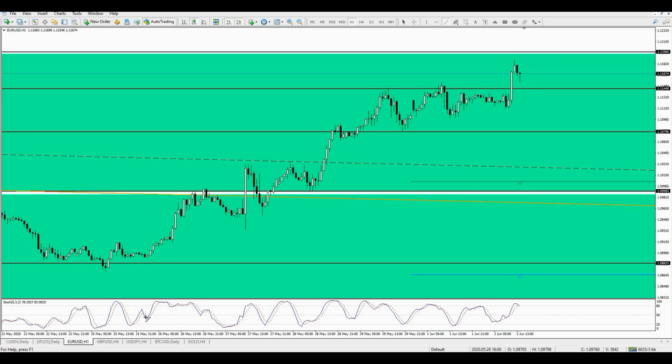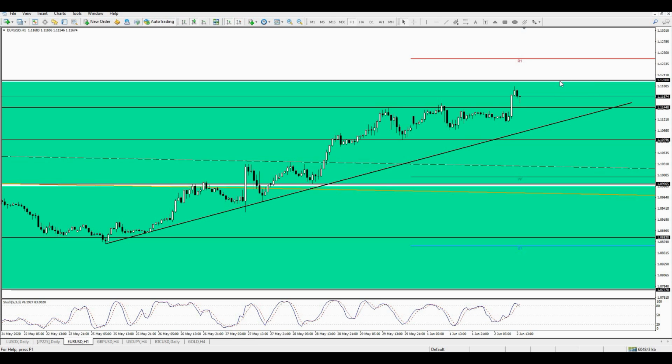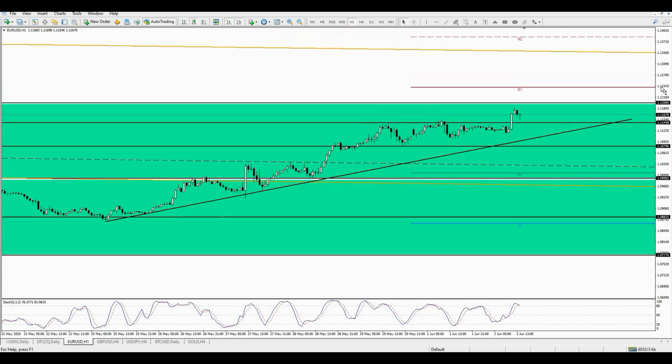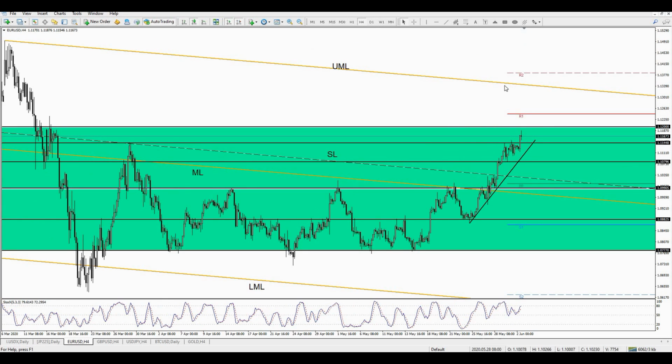Okay, so if you want, you could also use an uptrend line, and as long as the price is trading right above this uptrend line, the outlook is bullish, and the price should reach at least this resistance, also R1, also, as I said, the upper medium line of the major descending pitchfork.